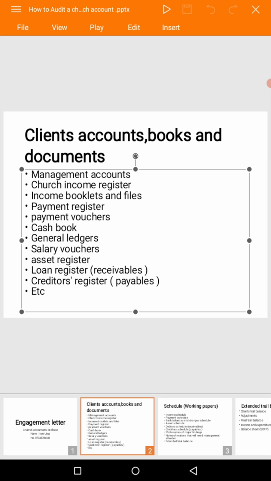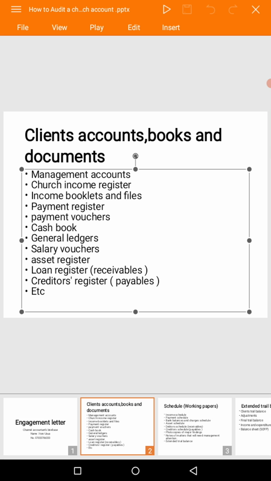We will look at offerings, tithes, donations, and every other activity that will bring in income to the church. We'll be given a register that lists out this income on a daily basis, on a weekly basis, and totaled. That's what you will find in a church income register.